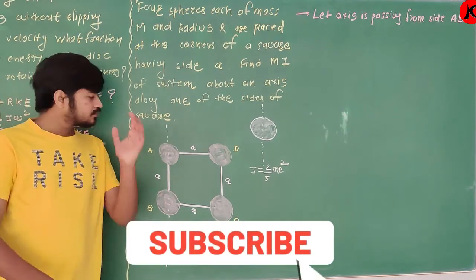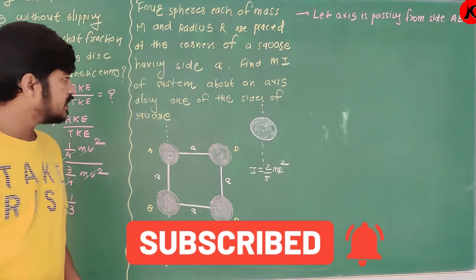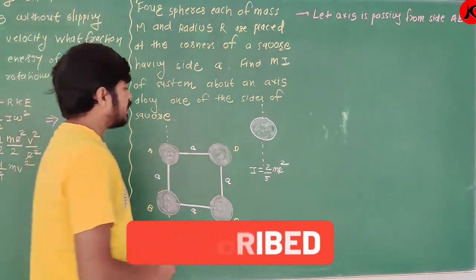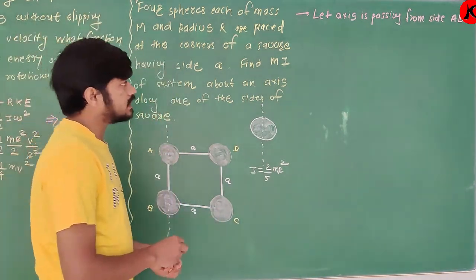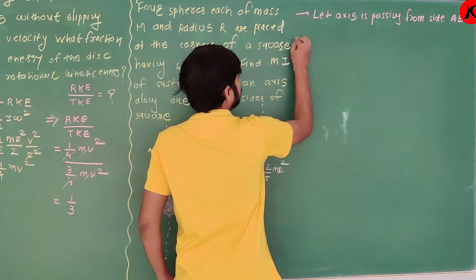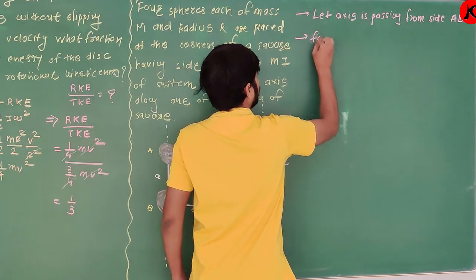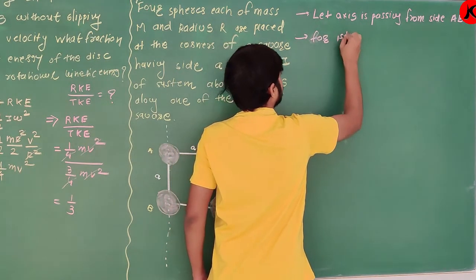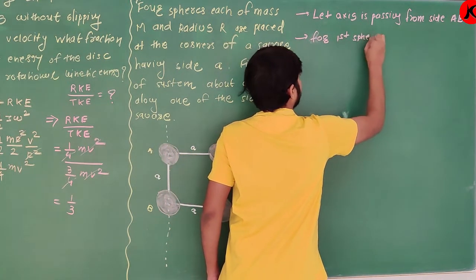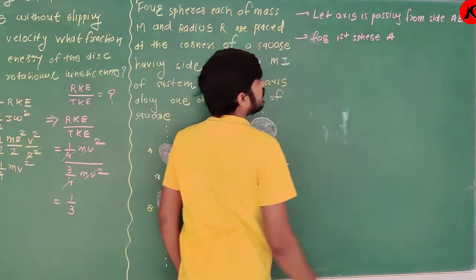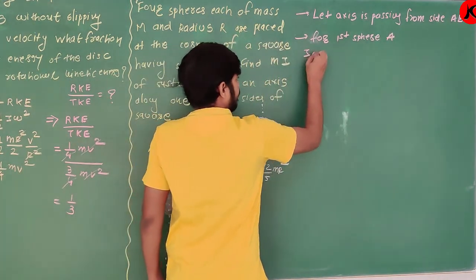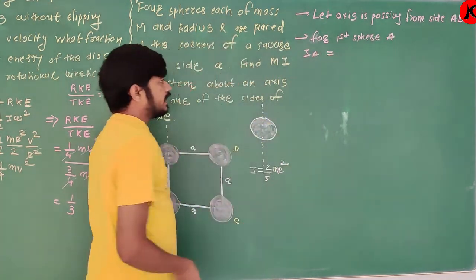First of all, I will find them individually. The moment of inertia about the given axis for the first sphere, A, that is I_A.